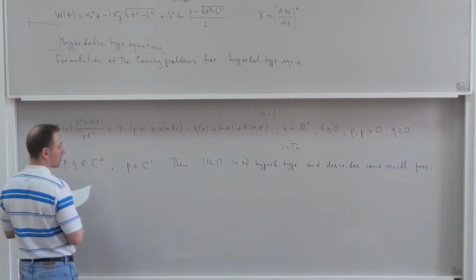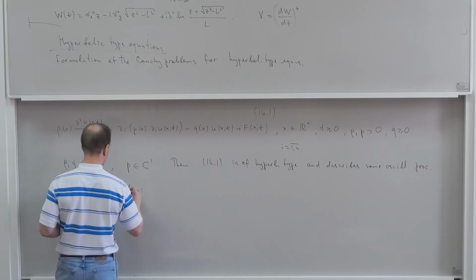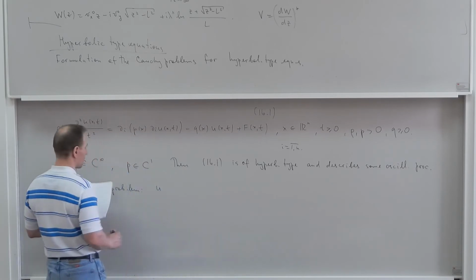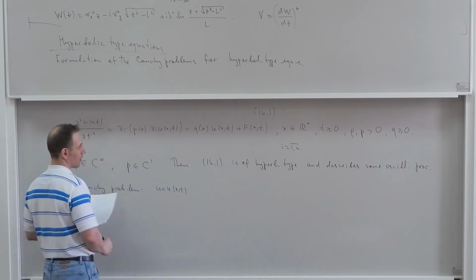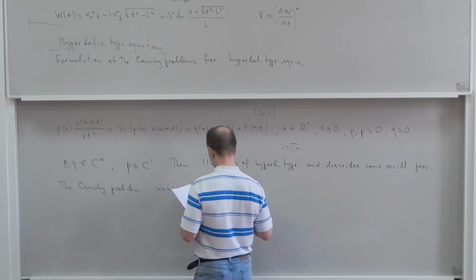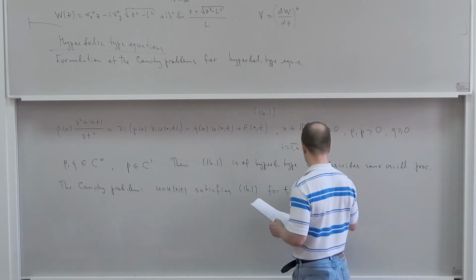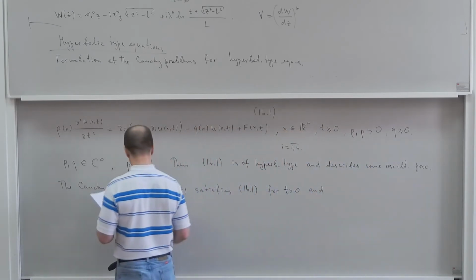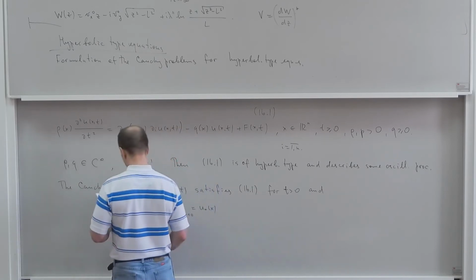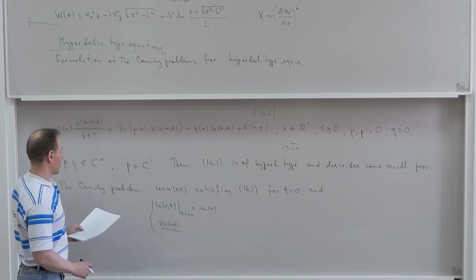The Cauchy problem is formulated as follows. One needs to find the function u depending on x and t that satisfies equation 16.1 for t larger than 0 and obeys the initial condition.